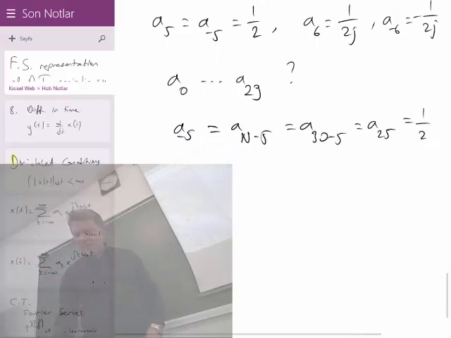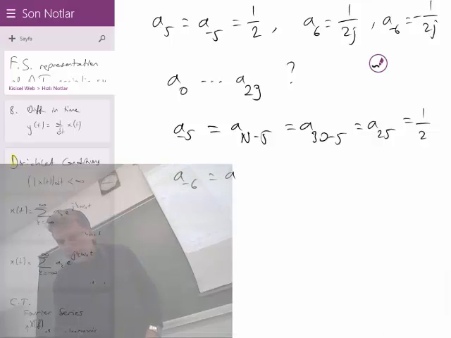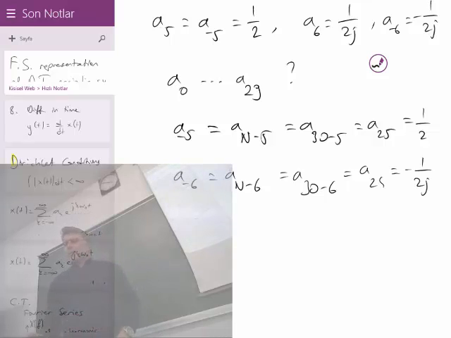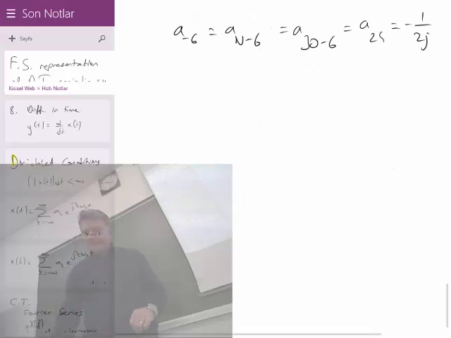That's what I'm trying to emphasize here. And A minus 6 is equal to A n minus 6, which is A 30 minus 6, which is A24, equal to minus 1 over 2j. So the harmonics are A5, A6, A24 and A25. 4 harmonics. And then they repeat themselves.